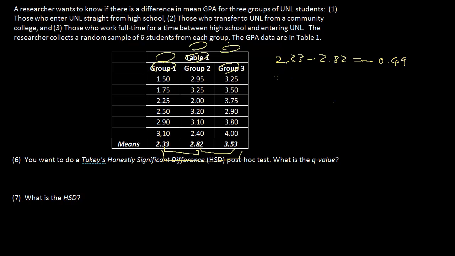And let's compare group 2 and group 3. So 2.82 minus 3.53 is minus 0.71.